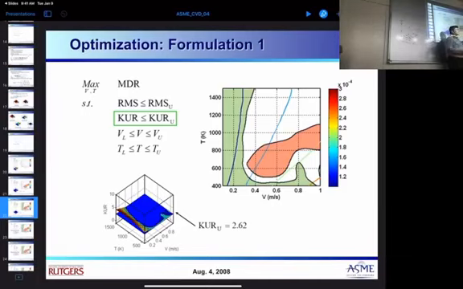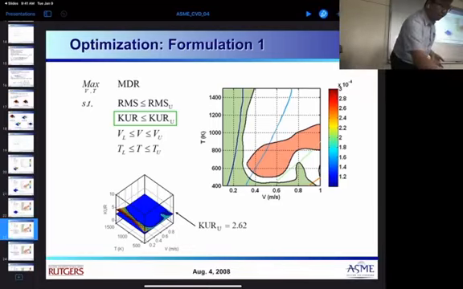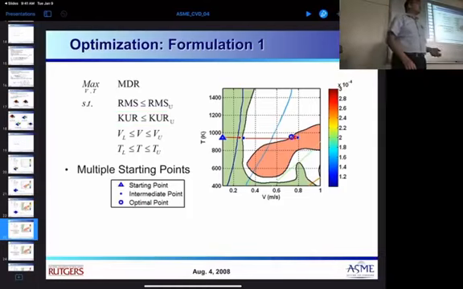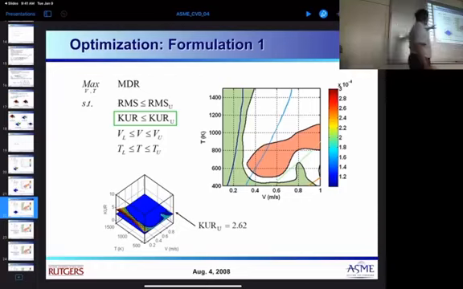So for this case, I need to find the optimal within the white area, because only the white area satisfies all the constraints. And what did I do? Then I use MATLAB. I basically plug in all those equations into MATLAB and just use fmincon to solve it.